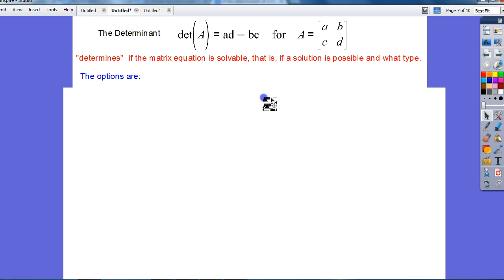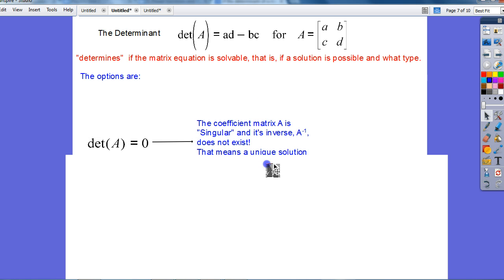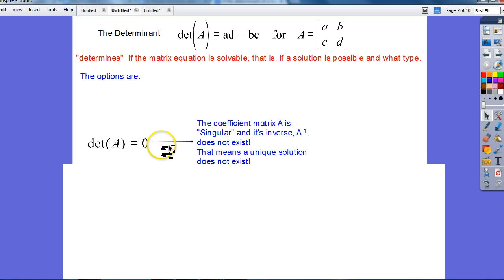So let's look at the 3 options that we're going to have. One option is when the determinant is 0. When the determinant of the coefficient matrix is 0, we say that matrix A is singular, and its inverse, A to the power of negative 1, does not exist.